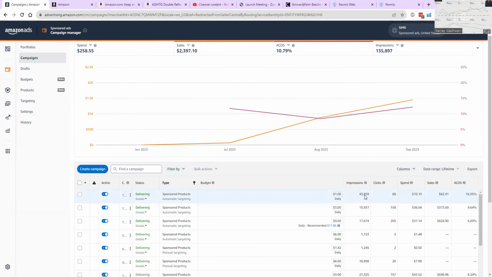Almost 44,000 impressions, 88 clicks, spent 10 bucks, I made $62. My cost is 16%. Now my break even cost on this product is 35%. So I'm making money. Why should I stop? Why should I put negative keywords when I know that the returns are extremely good here?